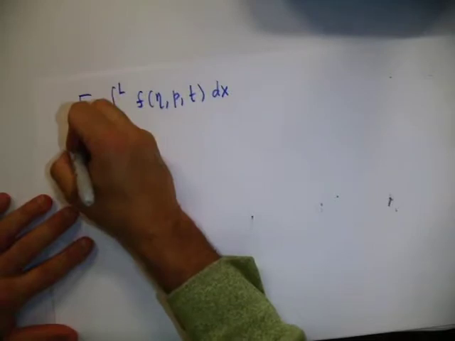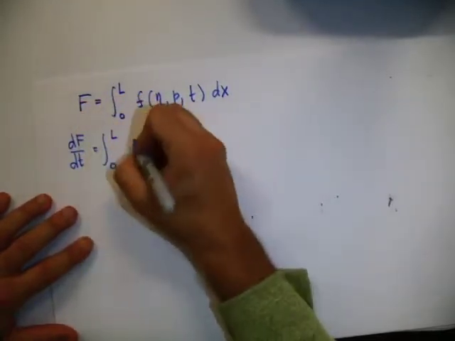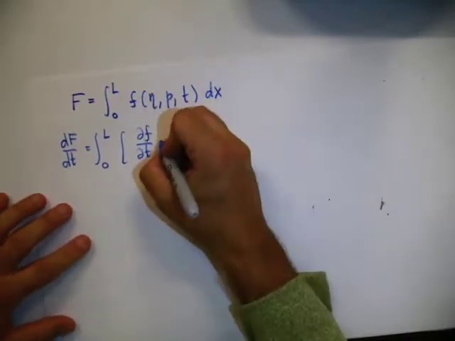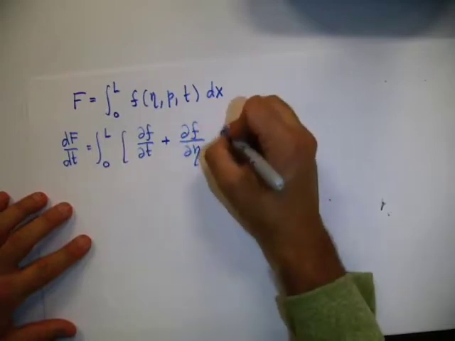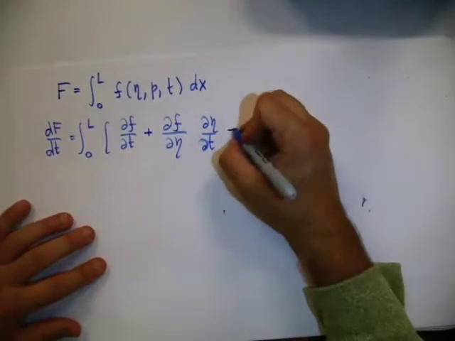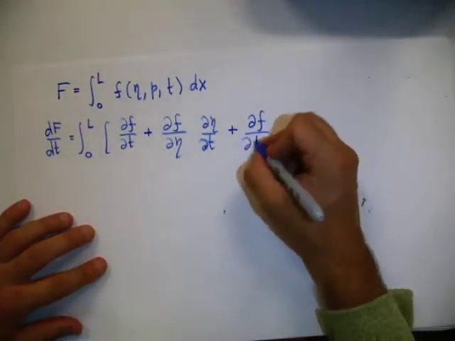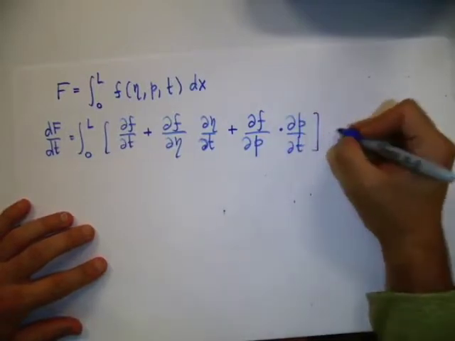We have the total derivative with respect to time equal to the integral between 0 and L of the partial of f with respect to time, plus the partial of f with respect to eta times d eta dt, plus the partial of f with respect to p times the partial of p with respect to time, times delta x.